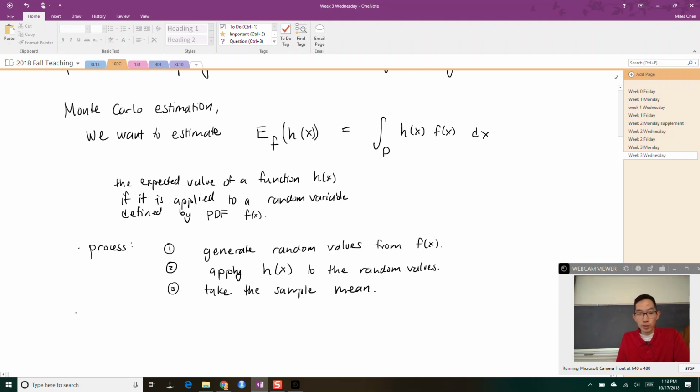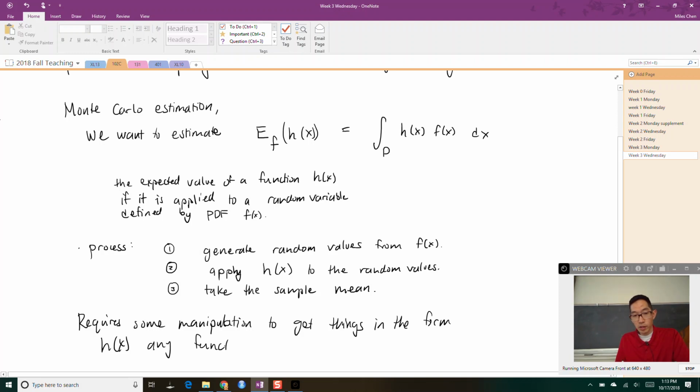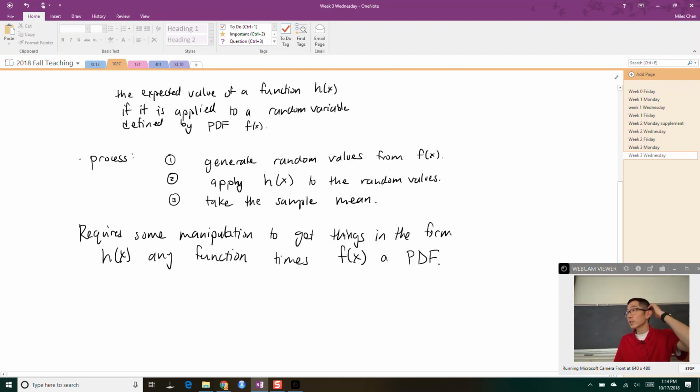So it maybe requires some manipulation to get things in the form h of x, which is any function, times f of x, which needs to be a PDF. The requirements to be a PDF is that it has to integrate to 1 and must always be positive, right?